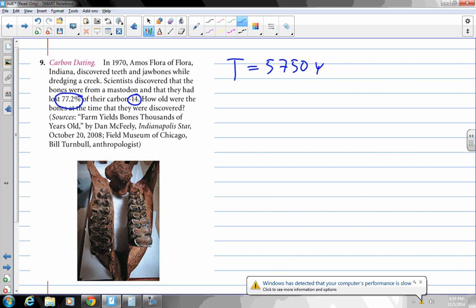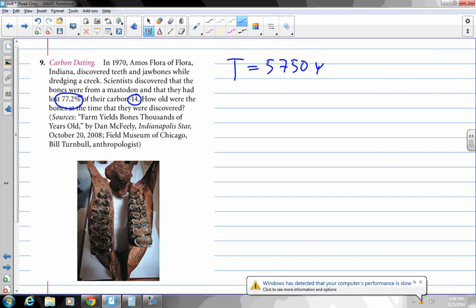So what is the initial amount of carbon when that thing was still running around and playing in the field? 100%. So you start with 100% of carbon, and it went down by that much. So how much is left? So 22.8.